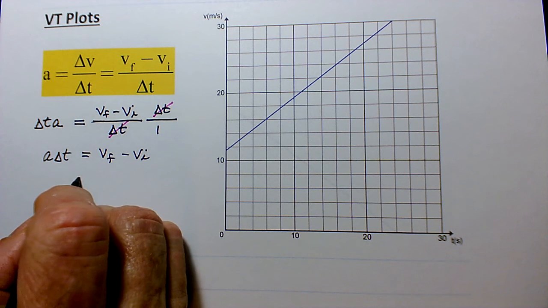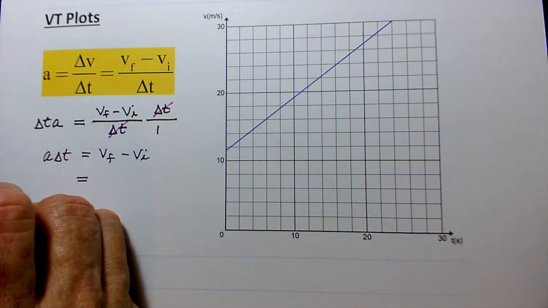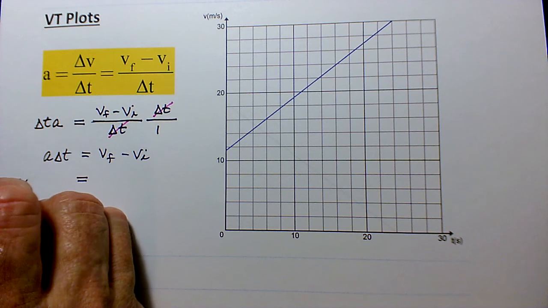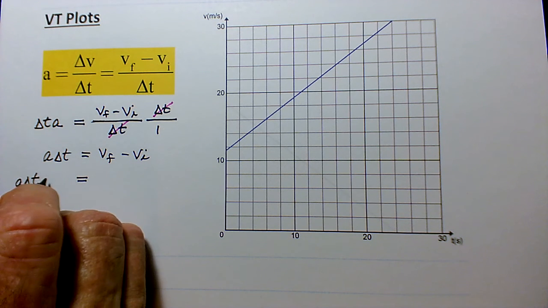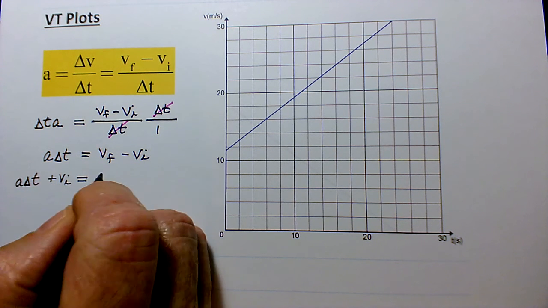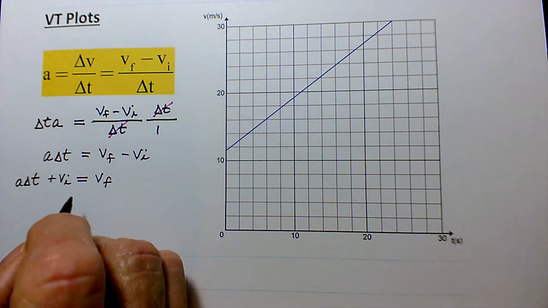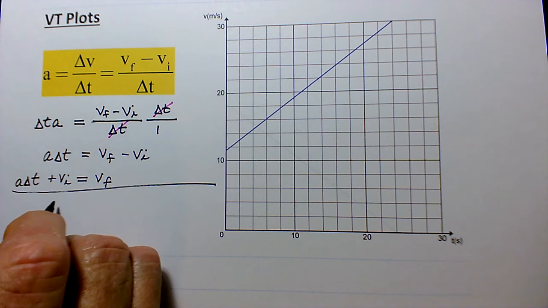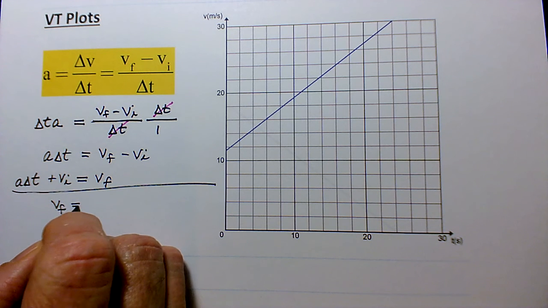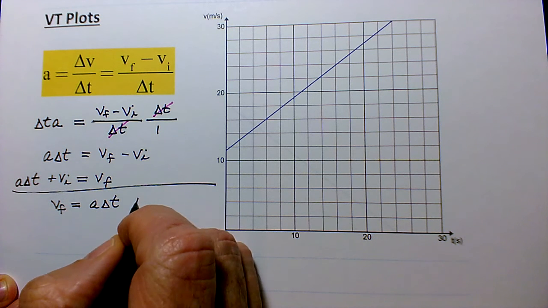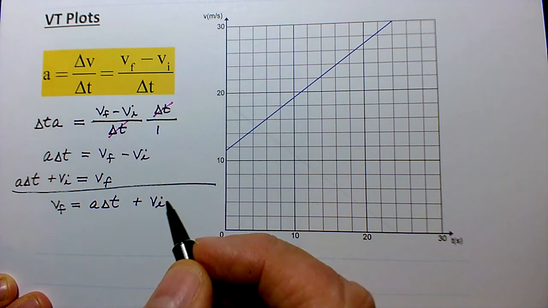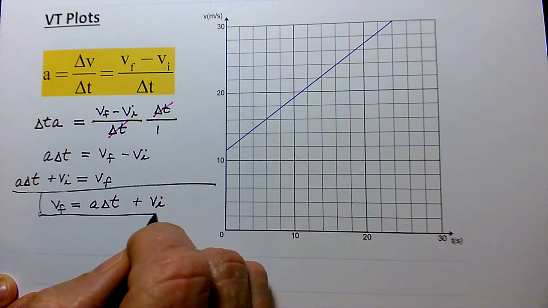The last step is to add VI to both sides, so we get A delta T plus VI is equal to V final. And then turning it around so that it's in a more traditional form, we have our finished product.